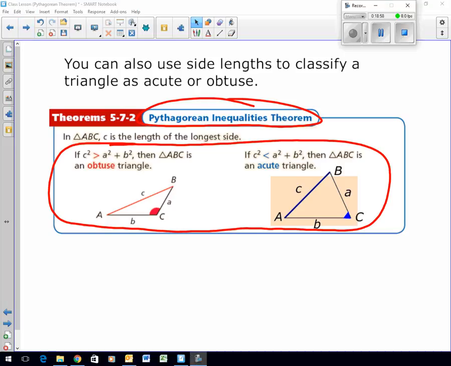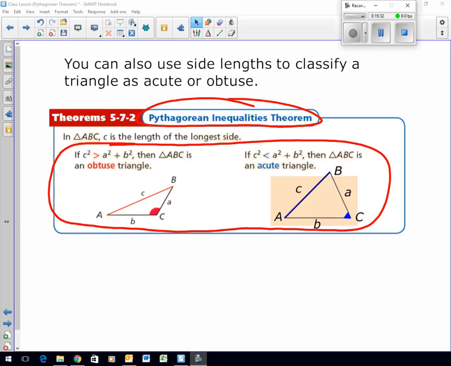In our warm-up problem at the beginning of class, I gave you side lengths, I don't remember what they were, 6, 7, and 12. And 6 squared plus 7 squared was less than 12 squared. 144 is greater than 85, which means I've got what kind of triangle, guys?